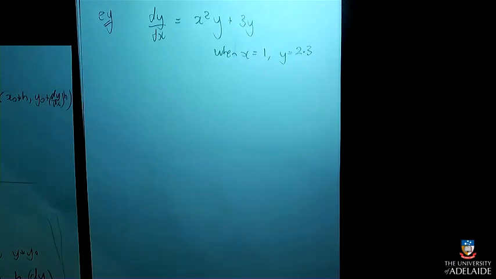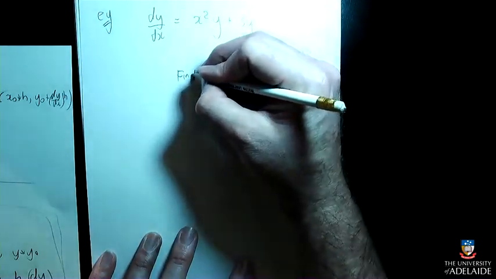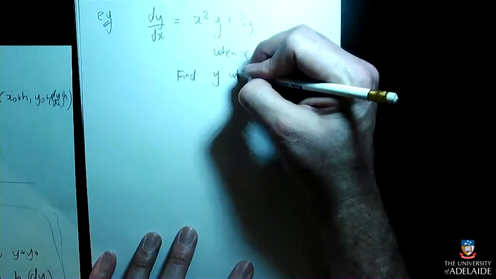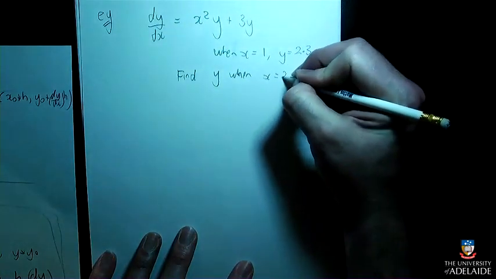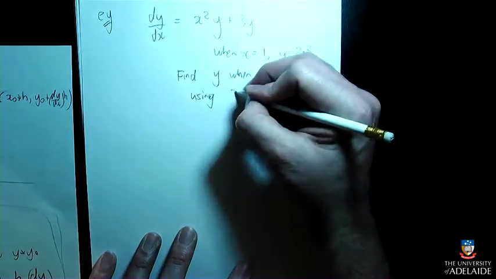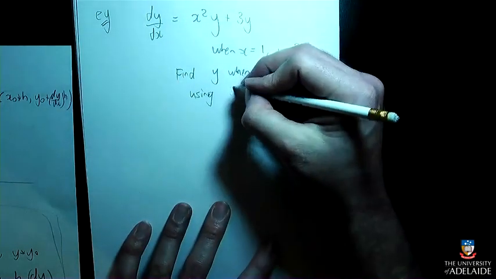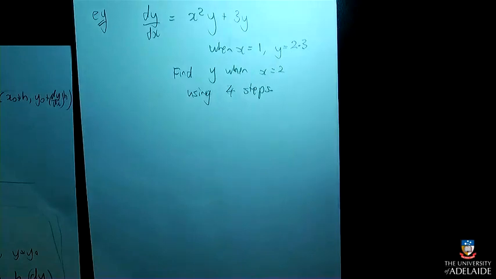And then the goal is to find y when x is, say, 2, using 4 steps. Okay, so that's an example of the sort of thing we're going to do.